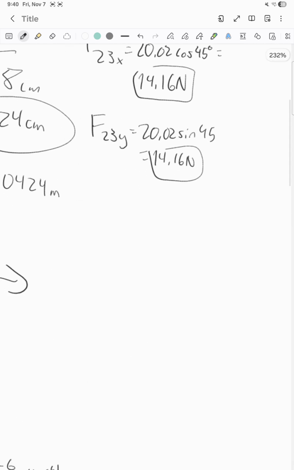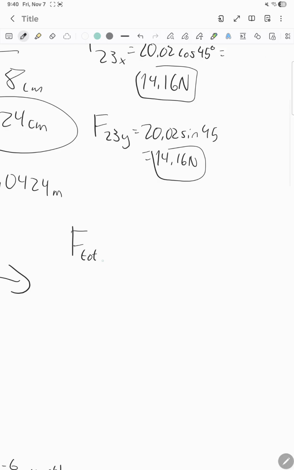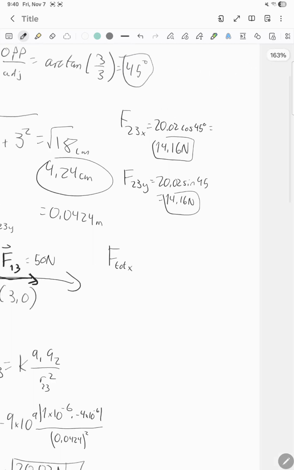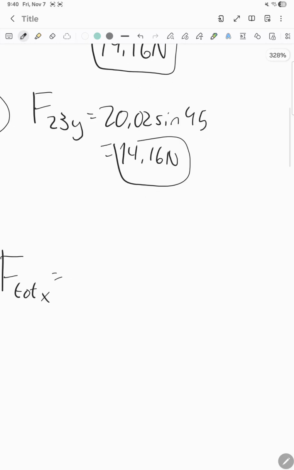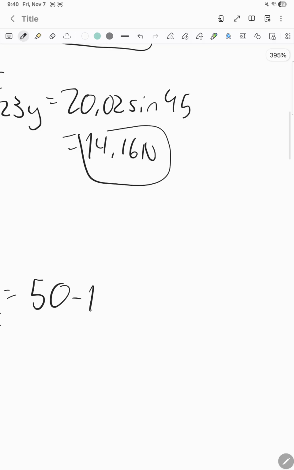If we want to know the total force on x that the particle Q3 will feel, all you have to do is 50 minus 14.16 newtons, and that will give you 35.84 newtons.